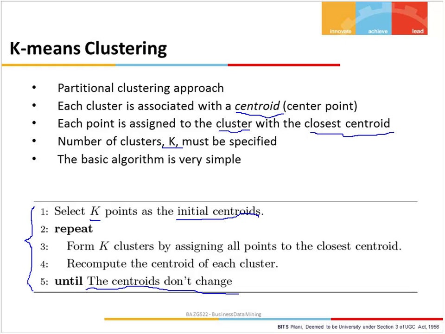Possibly we can take an example and see how it works. So now let me say I have 5 objects, starting with two-dimensional objects. O1, let me say, is 1, 2.